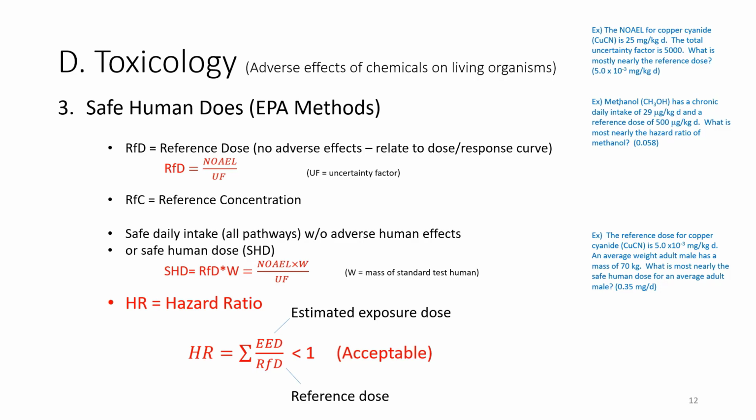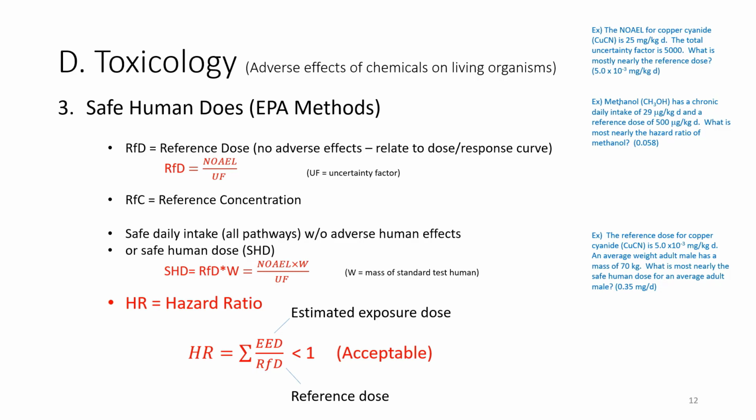The uncertainty factor, UF, is greater than 1000 to account for the variations in sensitivity between testing animals and humans and within the human population. 2. Safe human dose is the reference dose times the mass of a standard test human.